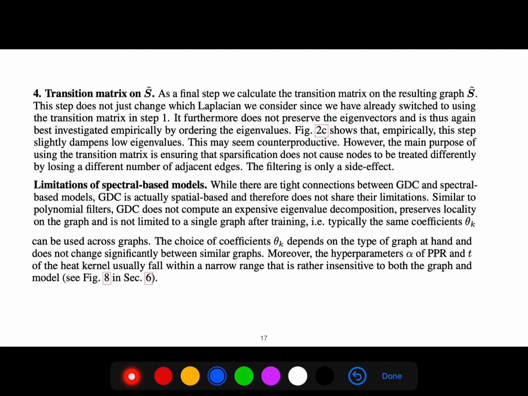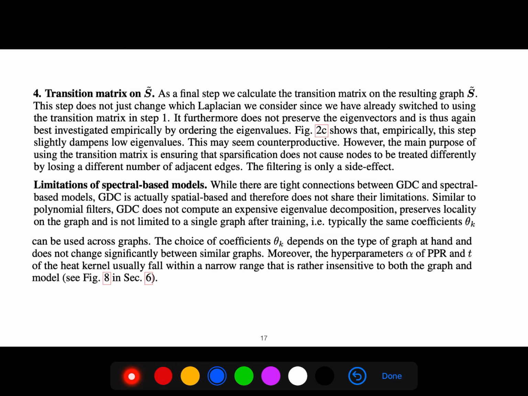As a final step, we calculate the transition matrix on the resulting graph S tilde. This step does not just change which Laplacian we consider, since we have already switched to using the transition matrix in step 1. But there are limitations of spectral-based methods.